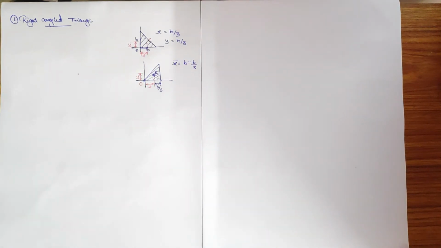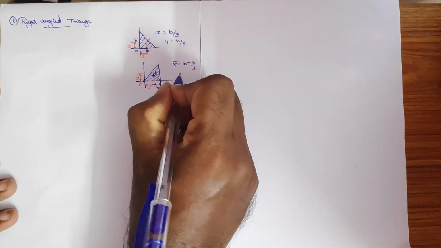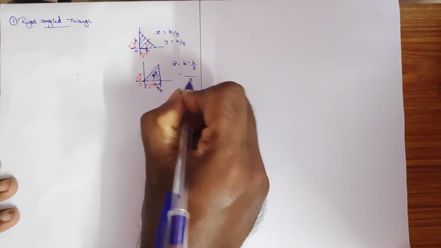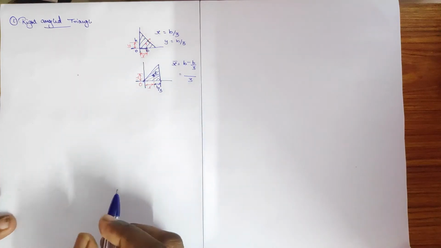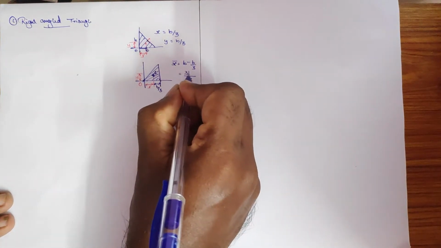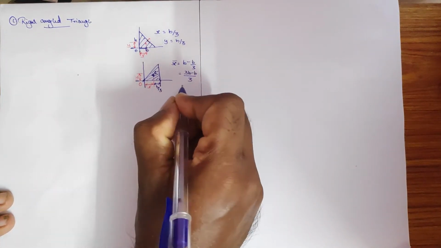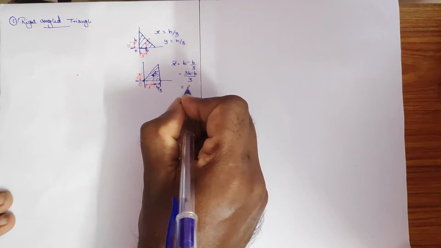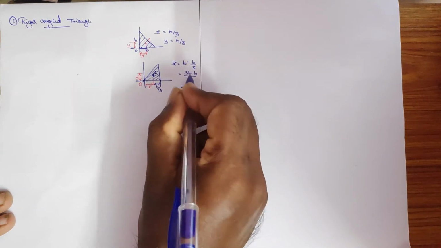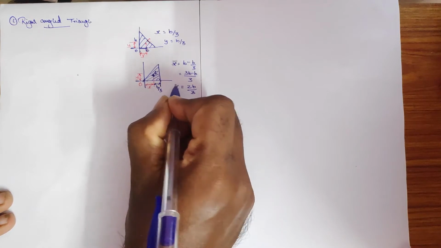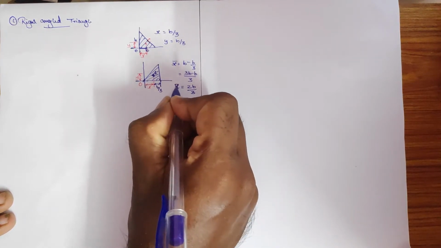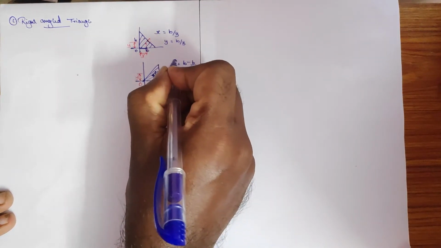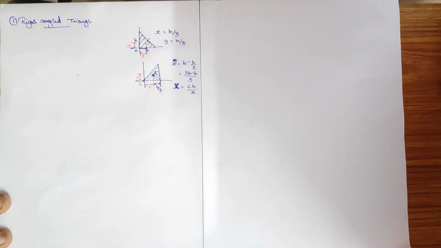If I simplify it, taking 3 as common, it will be 3b minus b, right? So it will be 2b by 3. When you subtract, you get x bar, just x is equal to 2b by 3.